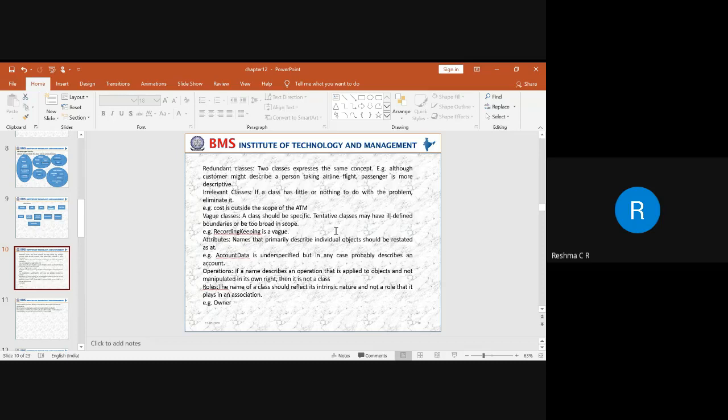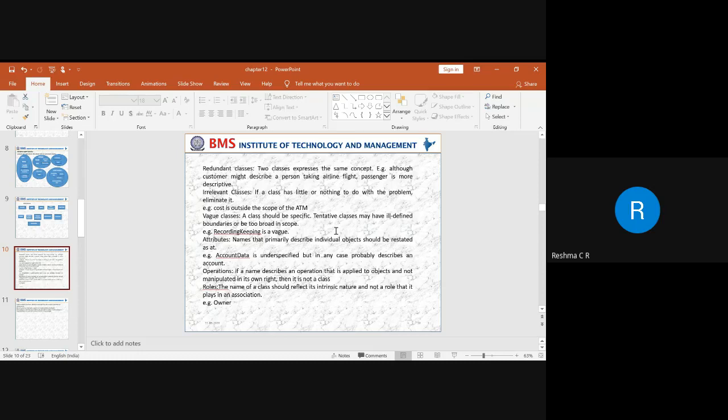Though we have listed the tentative class names, it may not be very specific to the class. For example, security provision or record keeping is vague. Record keeping indicates the transaction that a particular customer makes in an ATM or in manual banking.